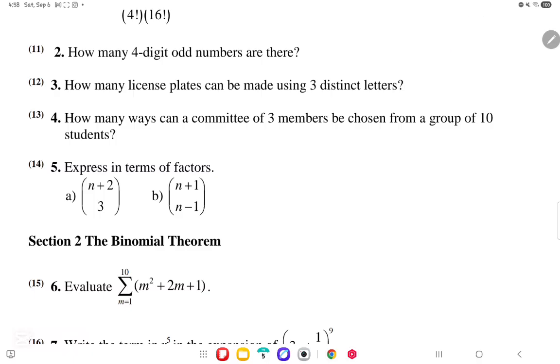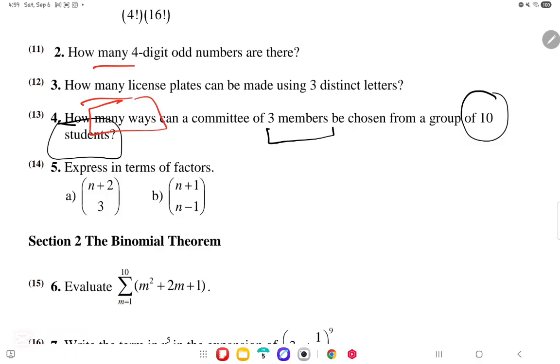How many ways can a committee of 3 members, here's the keyword, 3 members, be chosen from a group of 10 students? Important. Here, did they ask us for the number of students that can be chosen, or did they tell us how many ways? No, they told us how many ways.